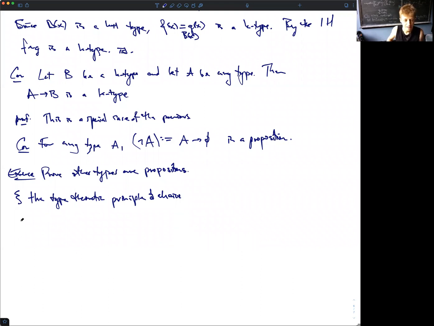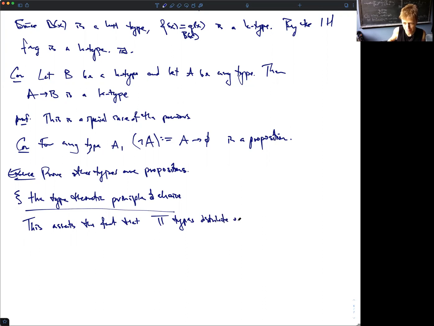But this is something that is just true in dependent type theory or in constructive mathematics. It asserts the fact that pi types distribute over sigma types.